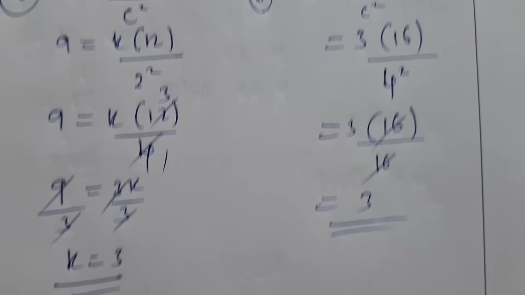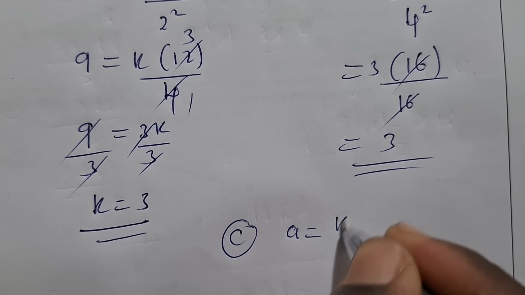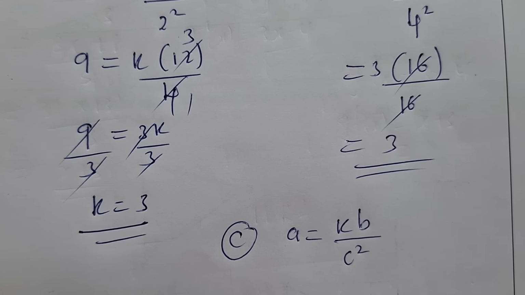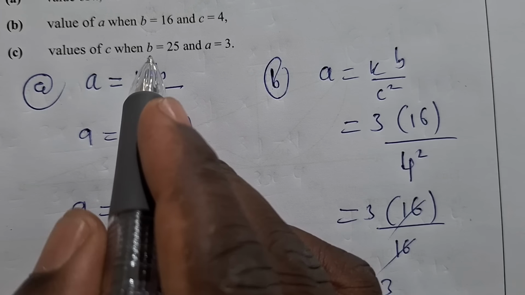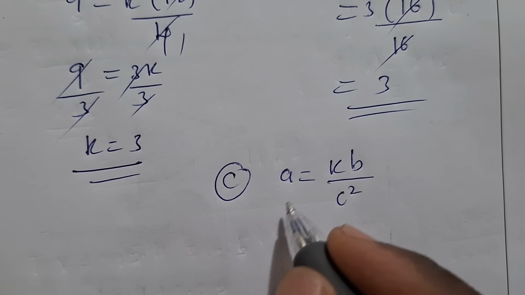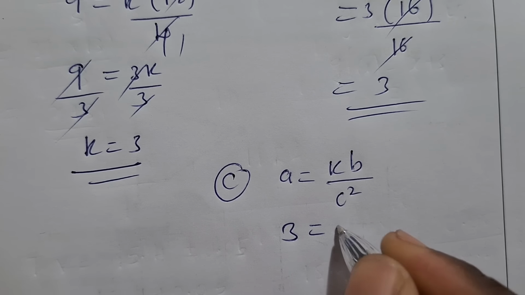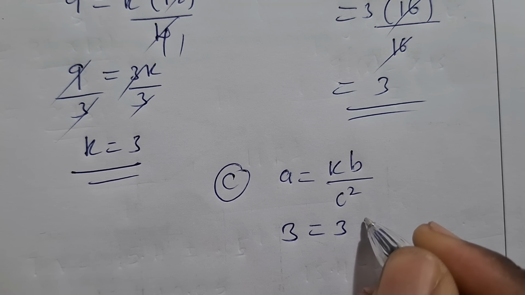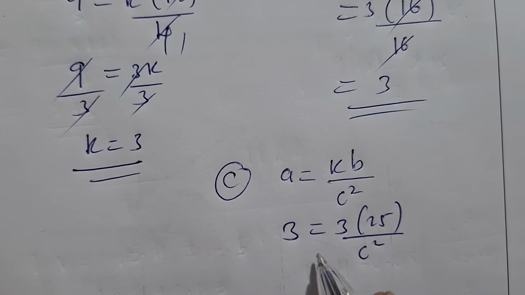For question C, we use the formula also. A is equal to KB over C squared. We are looking for the value of C. We've been given A as 3 and B as 25, and we know K is 3. So 3 equals 3 times 25 over C squared.